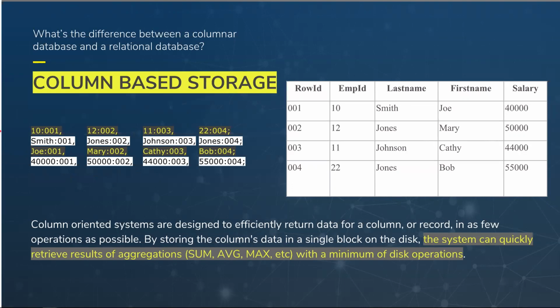A column-oriented database serializes all of the values of a column together, then the values of the next column, and so on. Column-oriented systems are designed to efficiently return data for a column in as few operations as possible. By storing the column's data in a single block on the disk, the system can quickly retrieve results of aggregations with a minimum of disk operations.